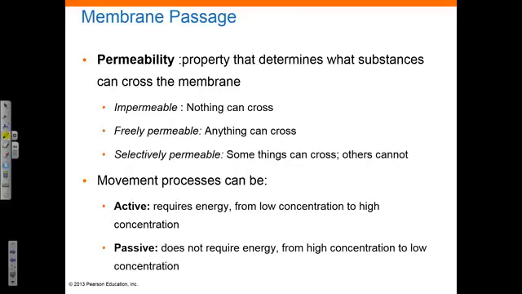Active movement requires energy. For example, when moving a substance from an area of low concentration to an area of higher concentration. Passive movement does not require energy. For example, when a substance is moved from an area of high concentration to an area of lower concentration.